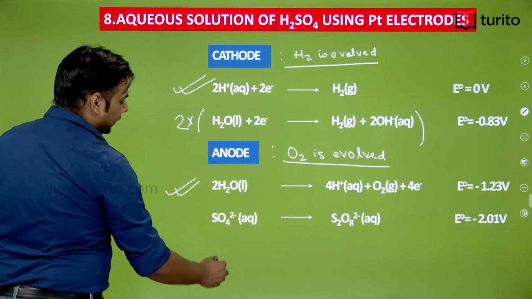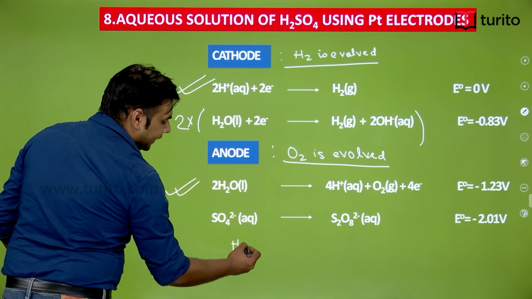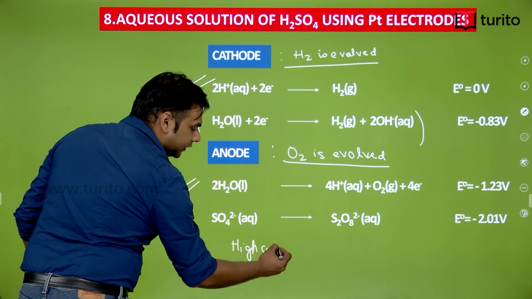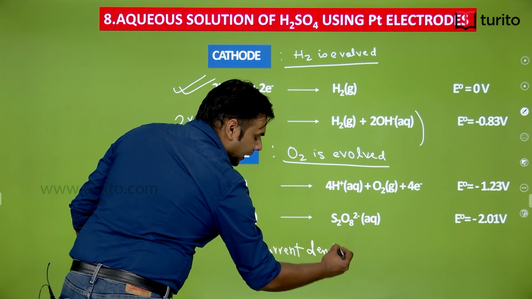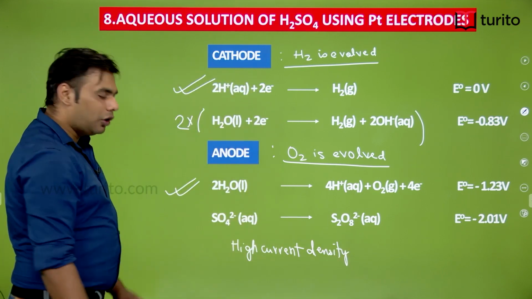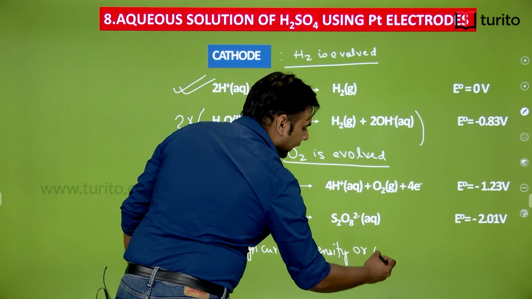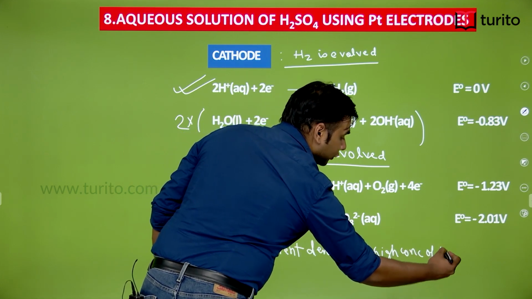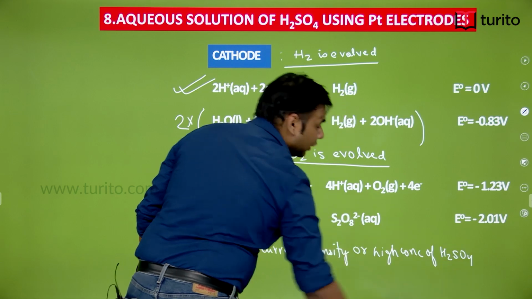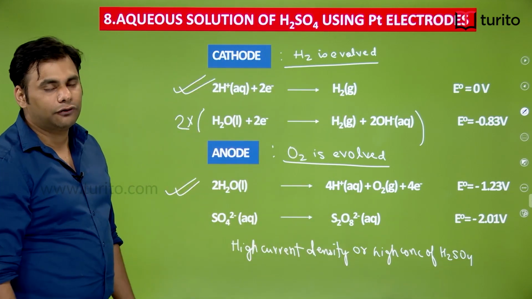But when we are using high current density, you have to remember this point again. This point is taken from NCERT, so this is important: high current density, or we are taking high concentration of H2SO4. Now because the concentration of H2SO4 is more, the concentration of sulfate ion would be more.